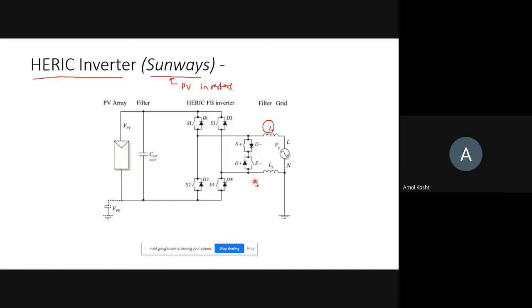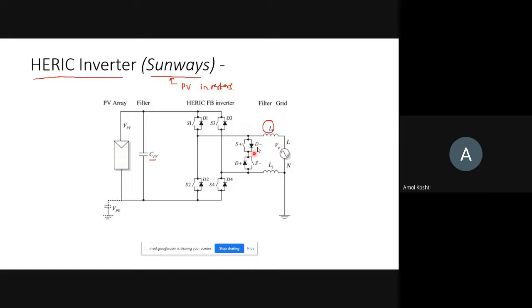Then next is Herrick inverter, which is manufactured by the Sunways company, and again it is a PV inverter manufacturing company. So they also did some modification in basic bridge inverter. If you observe here, they have done the modification at the AC side, whereas this H5 inverter did the modification at the DC side.